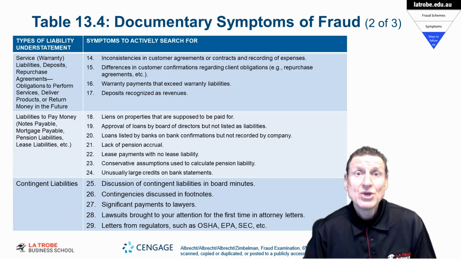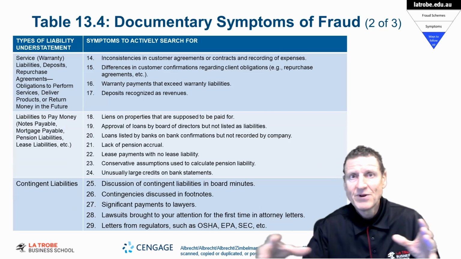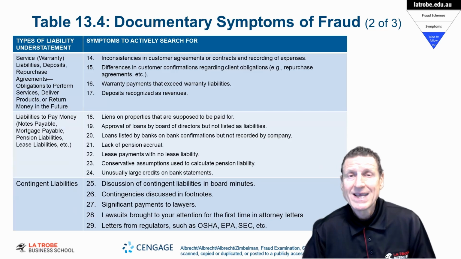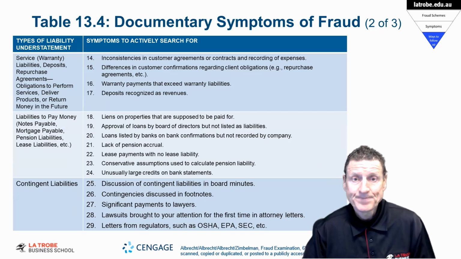And so then you can hone in and zoom in on 14, 15, 16, and 17 and not waste your time on 18 to 29. So that's how the ratio analysis helps you to focus in on the documentary symptoms of fraud.